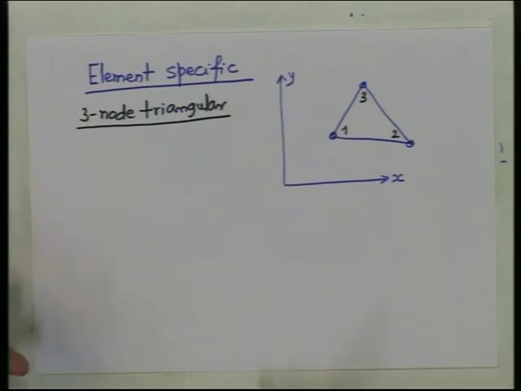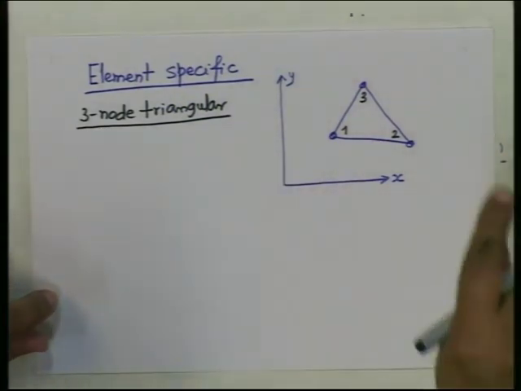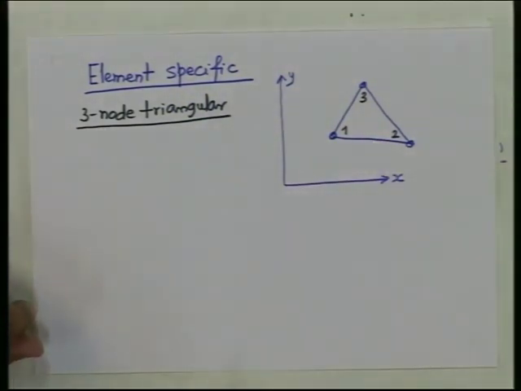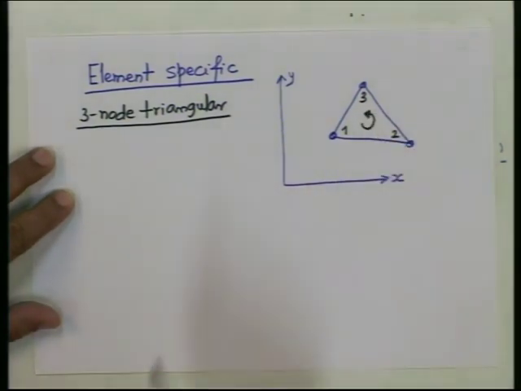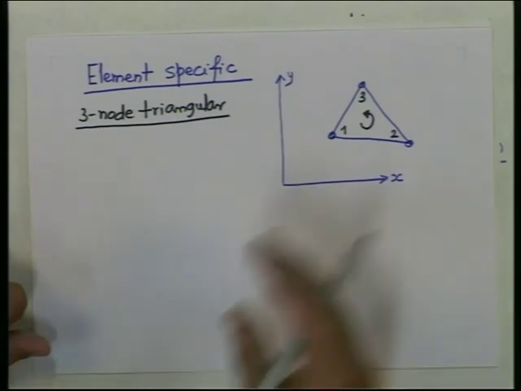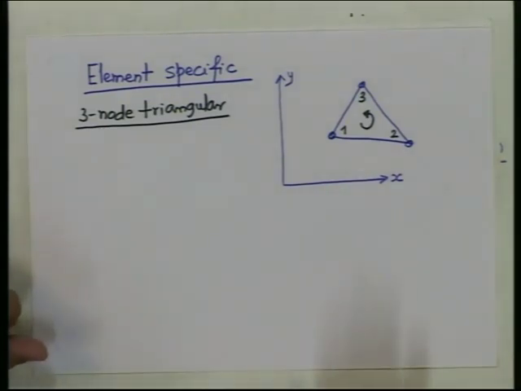Now, in 2 dimensions, how to number? You have to devise a method, otherwise one element you will number like this, the next element like this. So, it was devised that you must number them anti-clockwise. From anywhere you start does not matter, but you number them anti-clockwise.